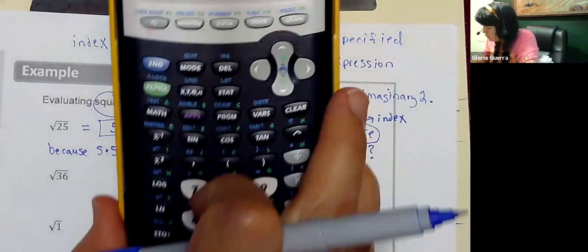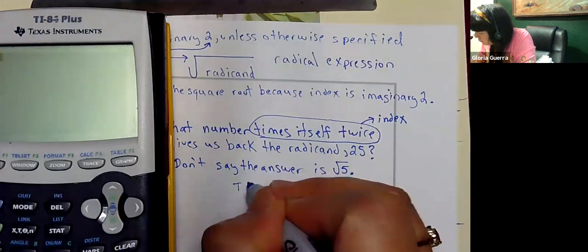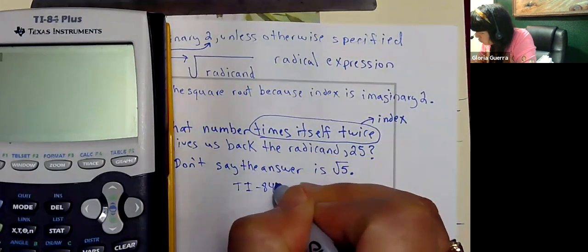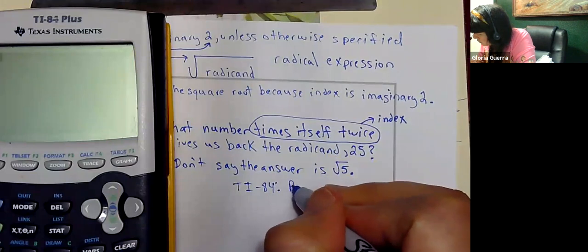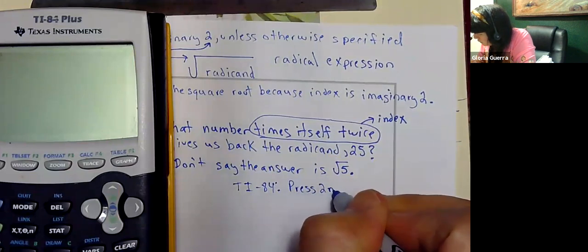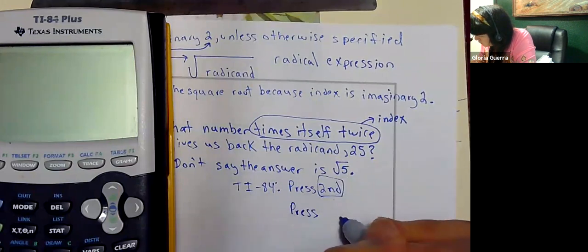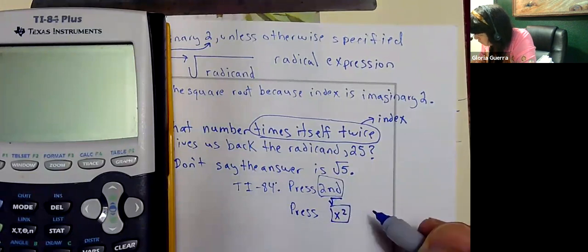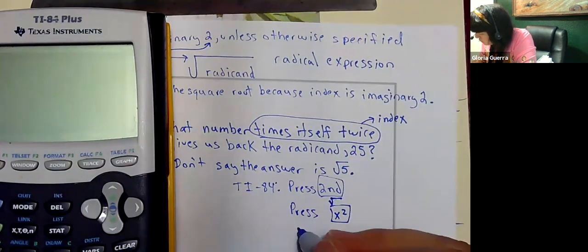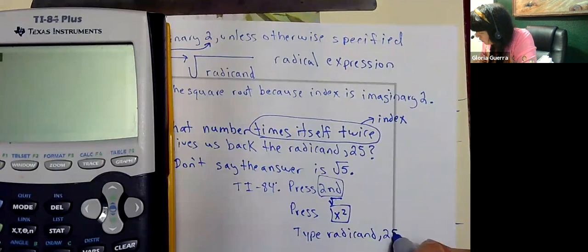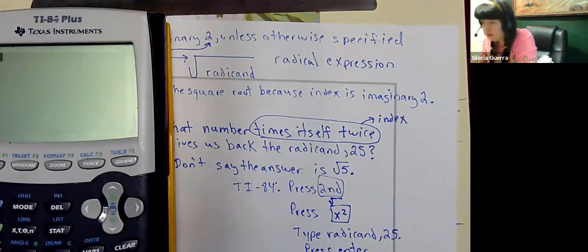On the TI 84, you would press the second button, then the x squared button, because right on top of that you have the square root, and then you would type the radicand, which is 25, and then press enter, which is like the equal sign.